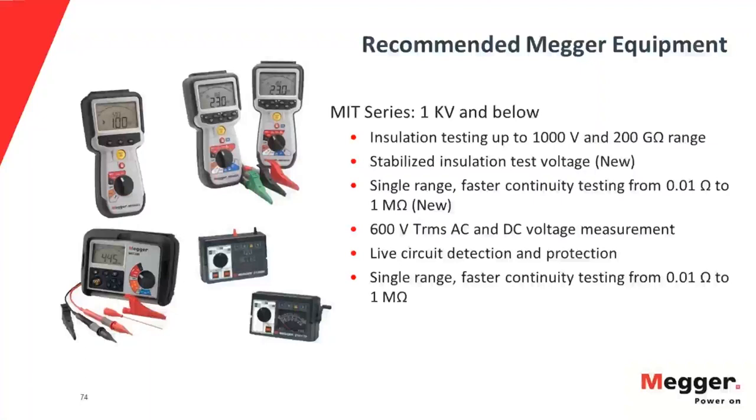And then we go to the microelectronic units, which are full-featured. We have relatively inexpensive basic function units like the MIT 200 and 300 series, which, if all you need is pass-fail, then that's all you need to buy, and you can save money. But if you're going into demanding and full-featured applications, then you go to the MIT 400 series, the top-of-the-line series, the best handheld 1 kV units on the market.